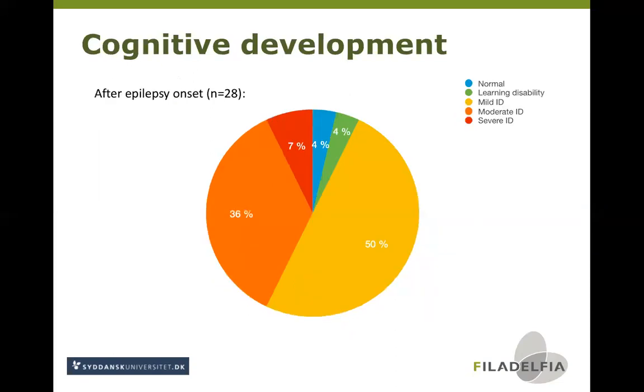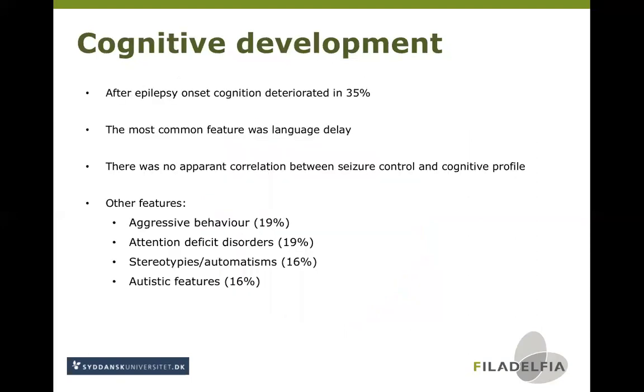And then after epilepsy onset, there is a deterioration. So then only 4 patients have normal intellect, but the moderate intellectual disability grows to 36%. So we saw that after epilepsy onset, cognition deteriorated in 35% of the patients.